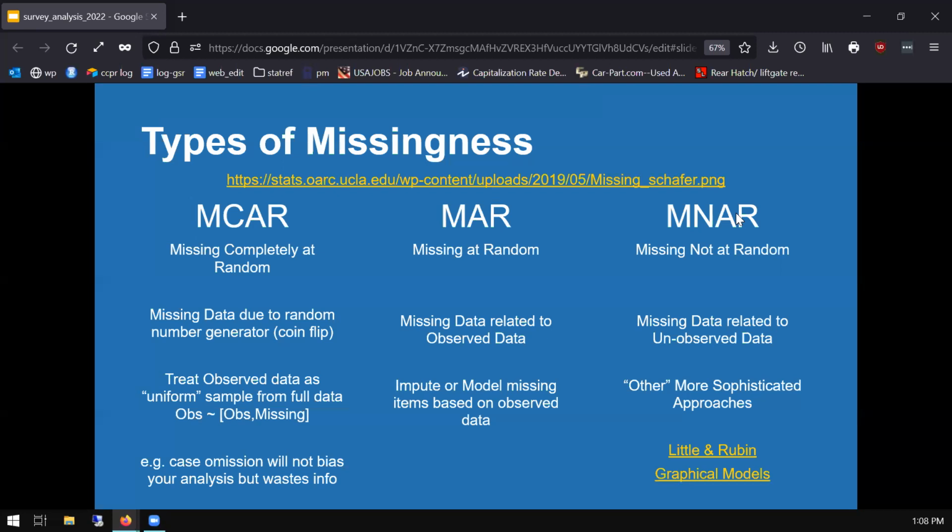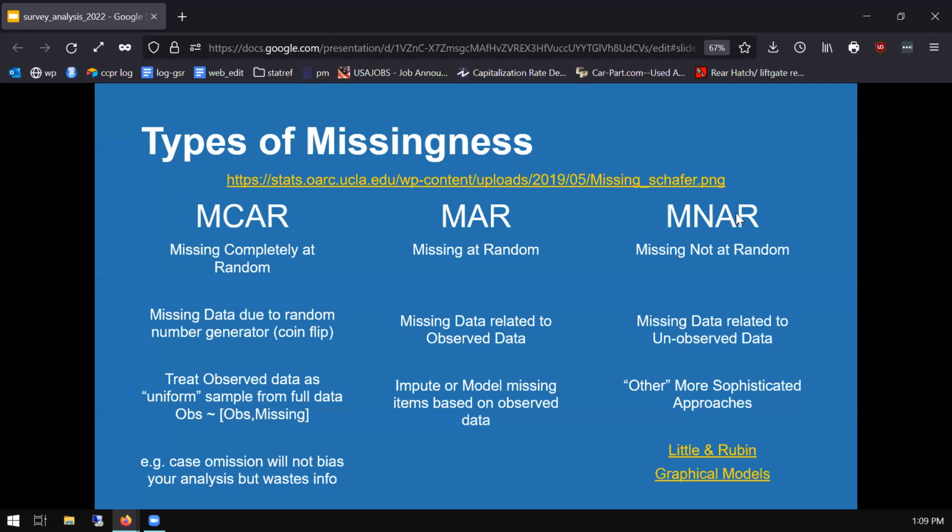There's a similar thinking when you're trying to triage your missing data. It's called ignorable. Earlier, were your design variables informative? Here now in missing data, are there variables you collected that are ignorable? Does it tell you something about the people that responded versus the people that did not respond?